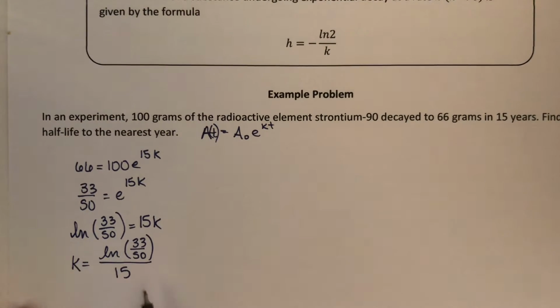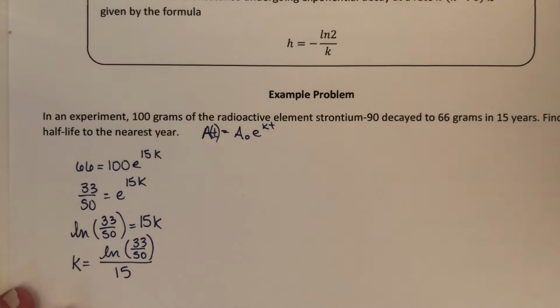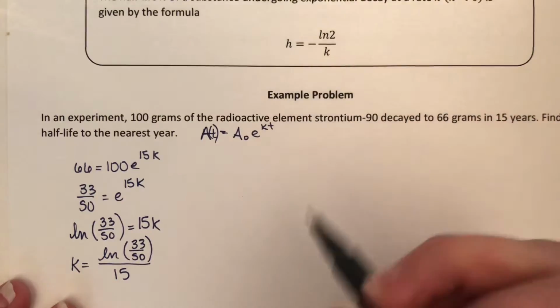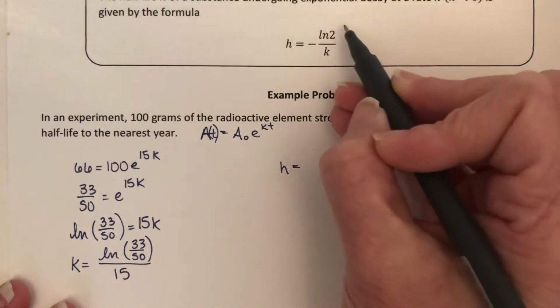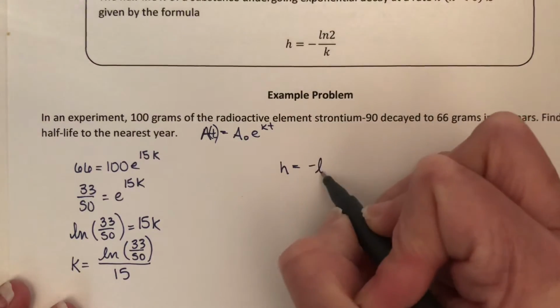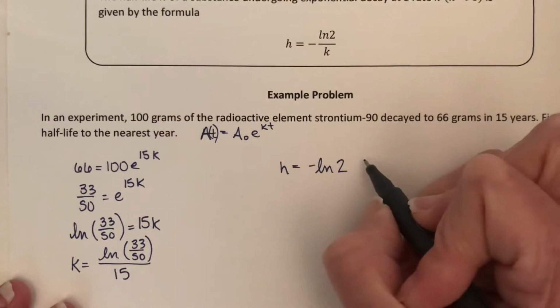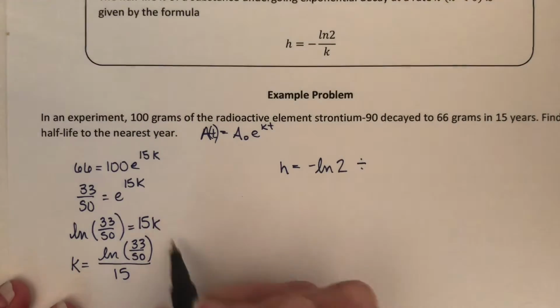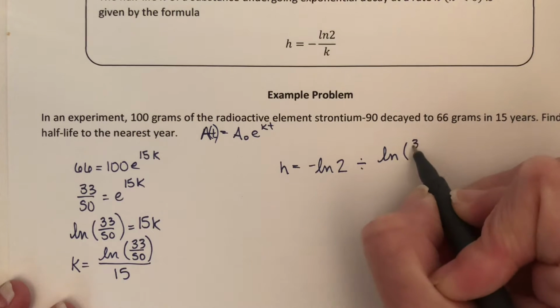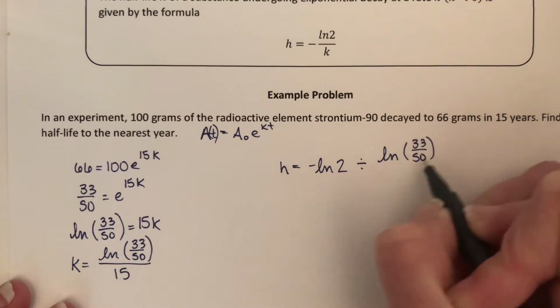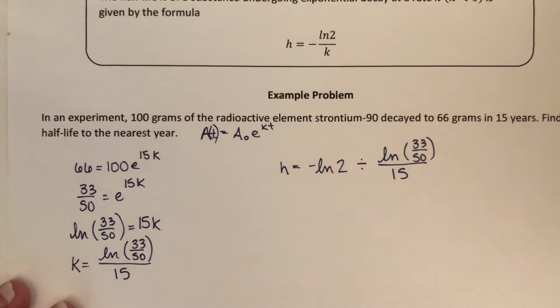And since this is exact, I'm going to leave it like this for the rest of my calculations in this case. So H is negative natural log of 2, and I'm just going to write this as divided by K and do all of this, because it's easier than dealing with a complex fraction.